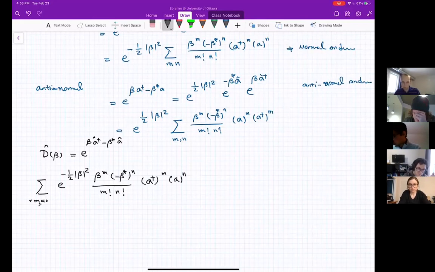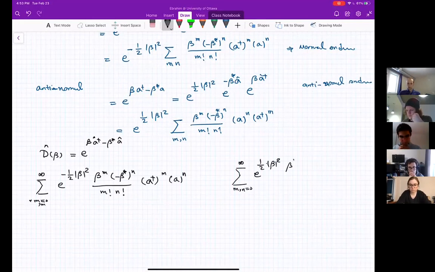M and n are changing from 0 to infinity. And for anti-normal, we got summation of m and n changing from 0 to infinity, e^(1/2 β²), β^m (−β*)^n divided by m factorial n factorial, a^n, a†^m.